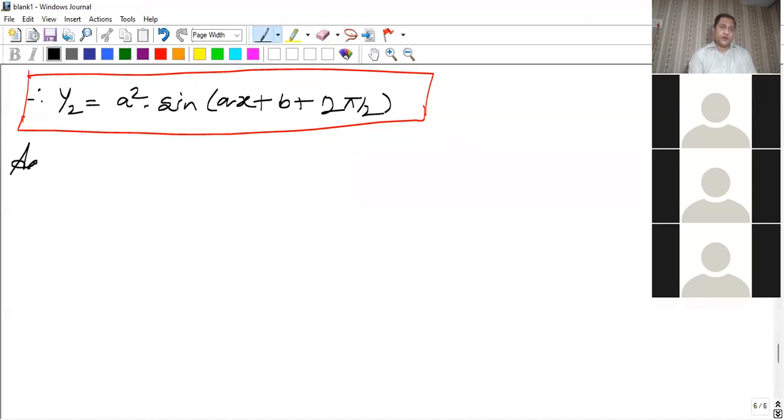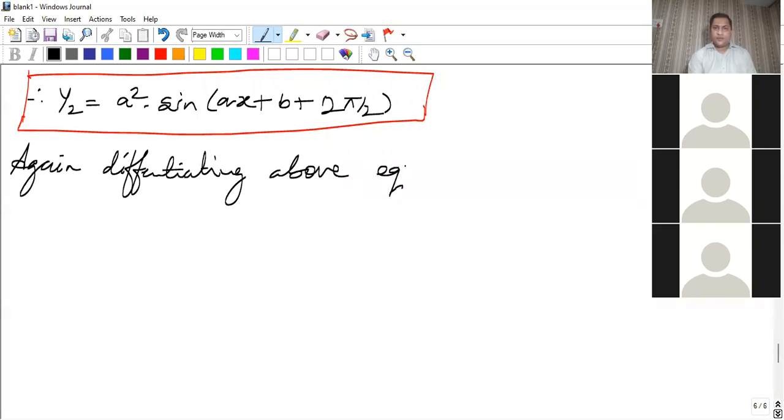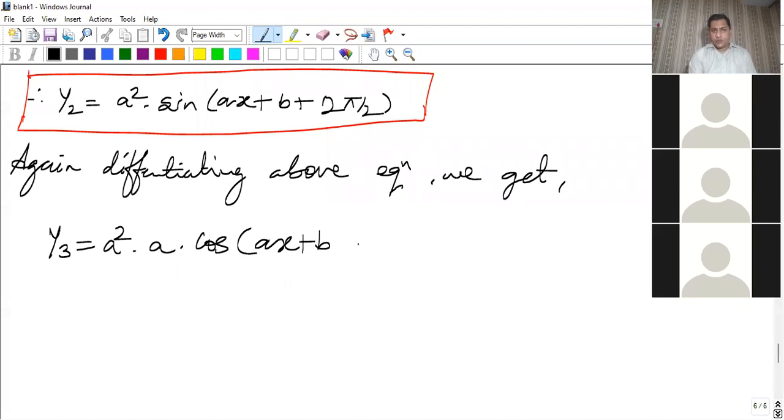What we'll do is again differentiate the above equation. What we get here is y3 equals a square times a, and this is cos of ax plus b plus 2 pi by 2.